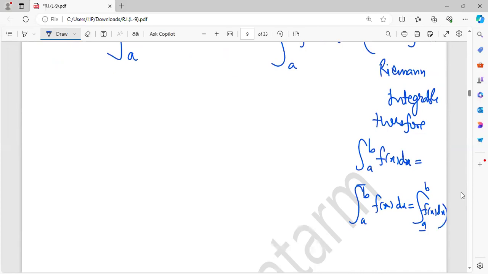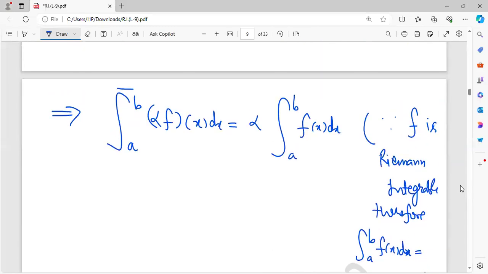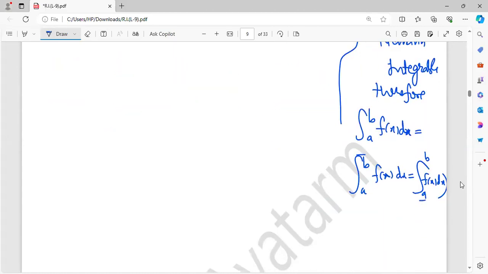That is why this is equal to this. So we have calculated the upper integral, that is alpha times the integral of f.